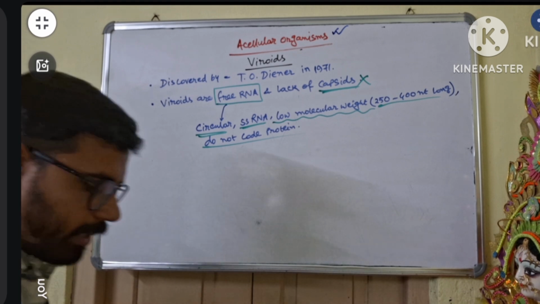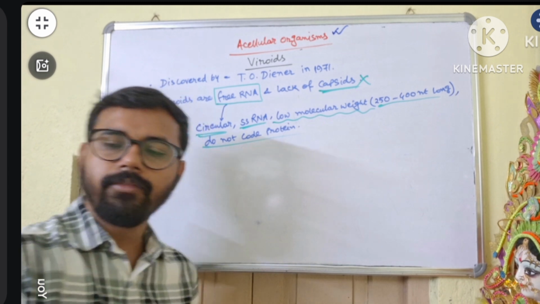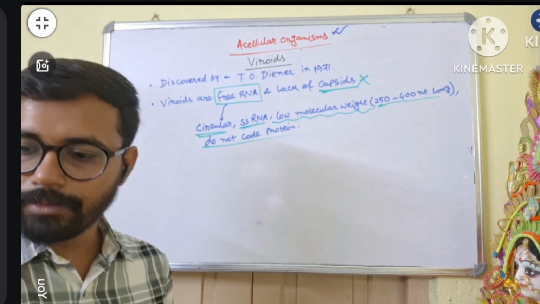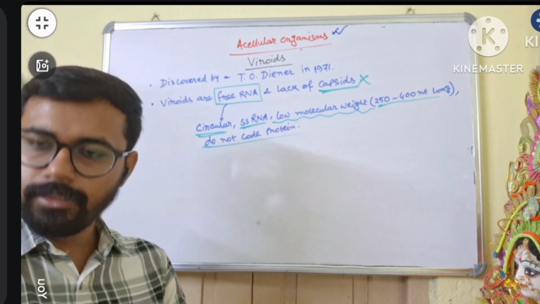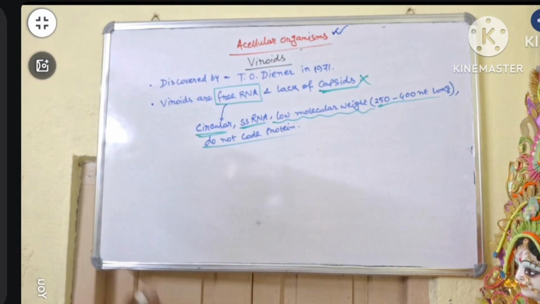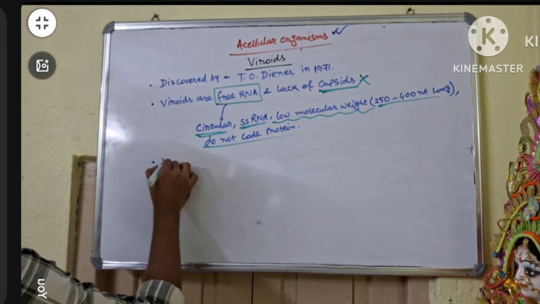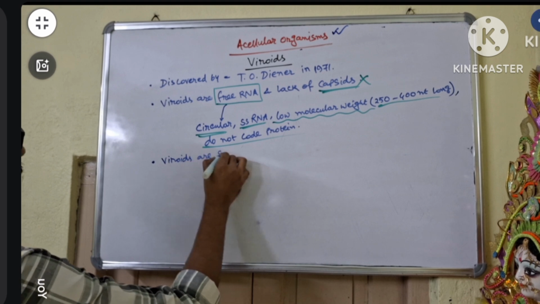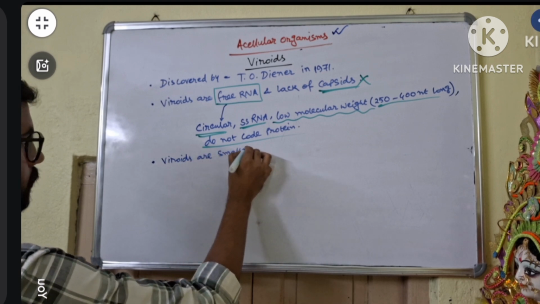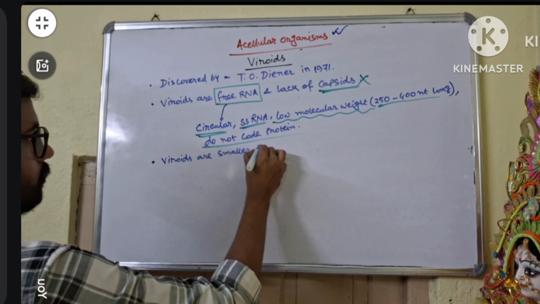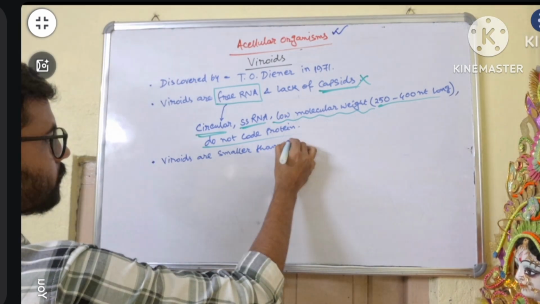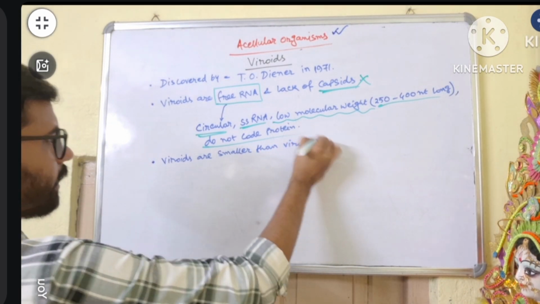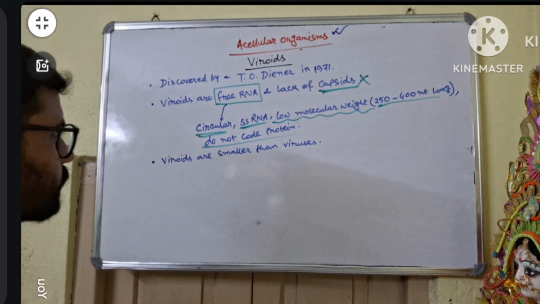So the viroid structure is smaller than the virus because it does not contain any capsid layer outside. Viroids are smaller than viruses, and viroids can also infect host cells.